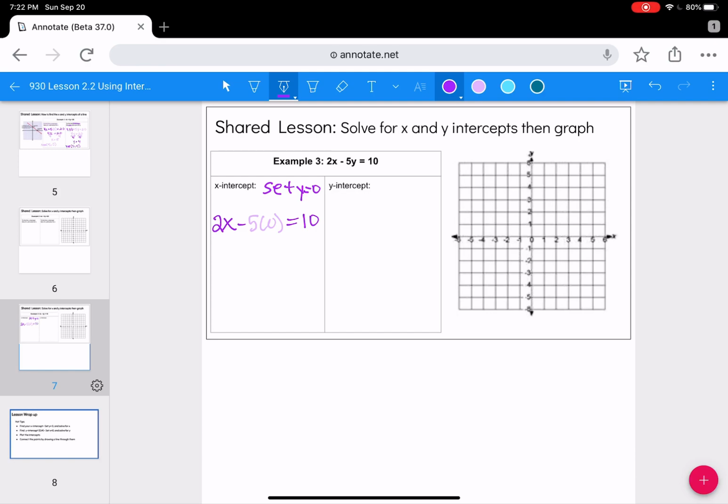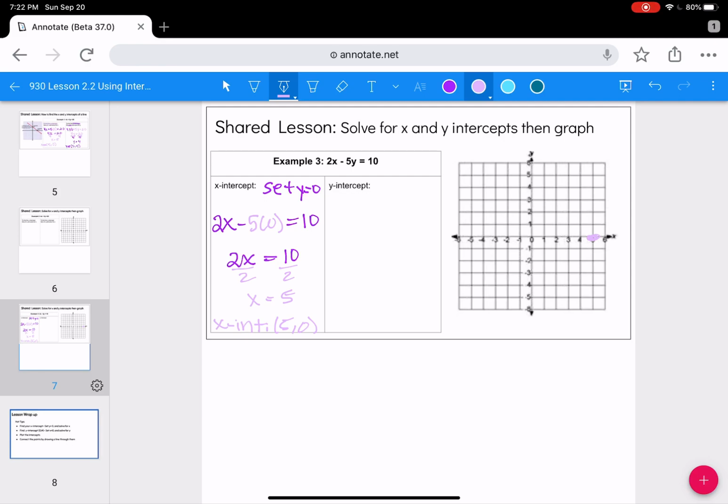So here I'm left with 2x is equal to 10. We divide by 2, and we get x is equal to 5. So my x-intercept, we write this as 5, 0. So I can go ahead and graph my x-intercept here. I start at 0. I'm going to go to the right 5, and that is it. That's where I cross my x-axis.